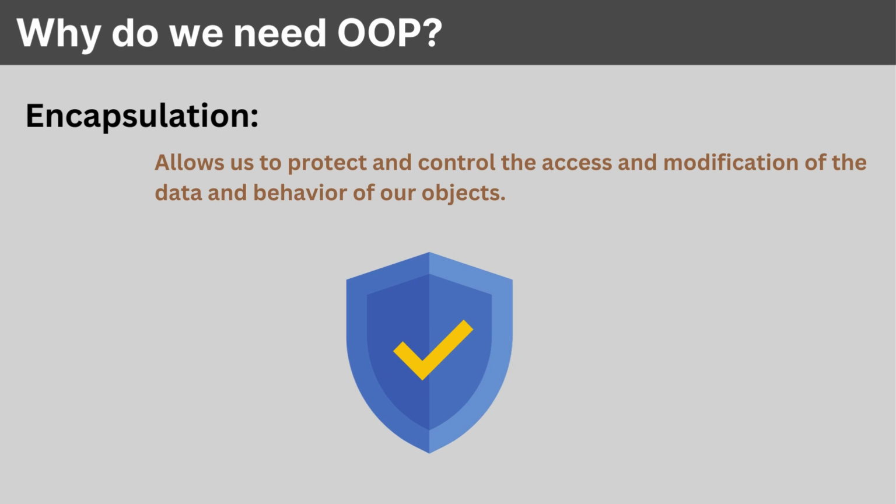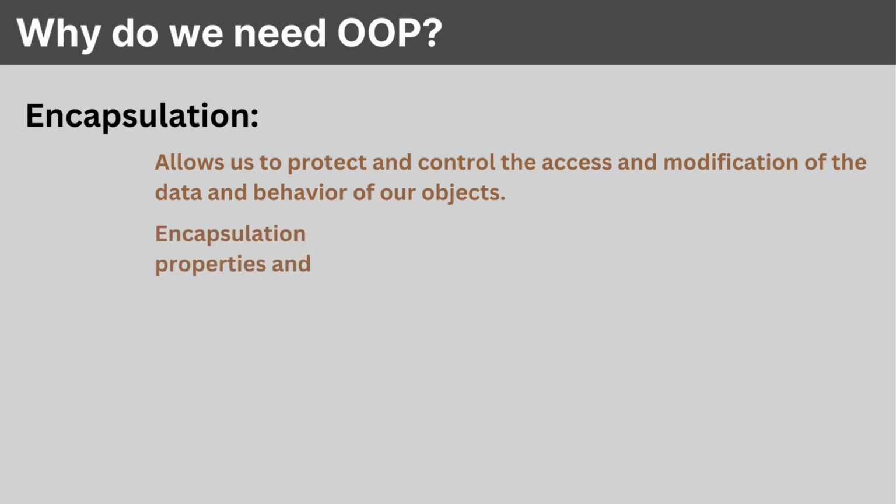Encapsulation allows us to protect and control the access and modification of the data and behavior of our objects. Encapsulation is the process of bundling and restricting the properties and methods of our object so that we can prevent unauthorized or unwanted changes to our code.